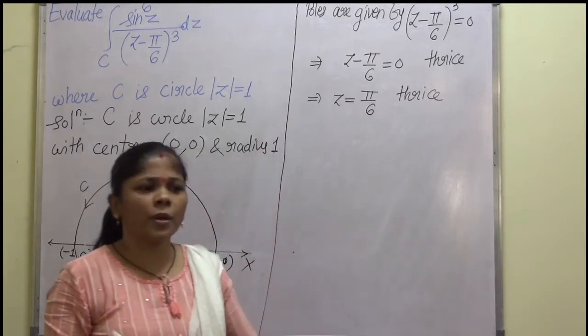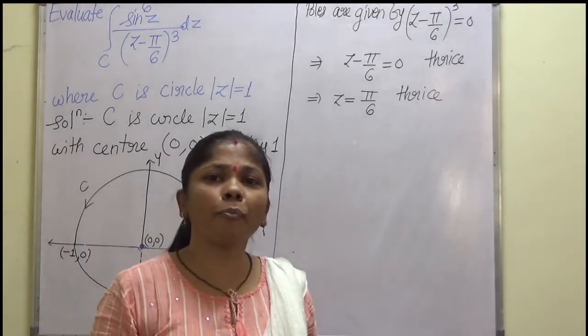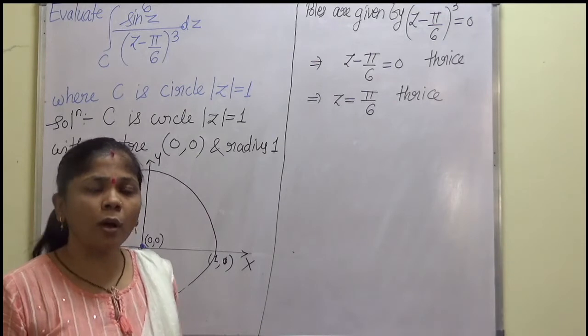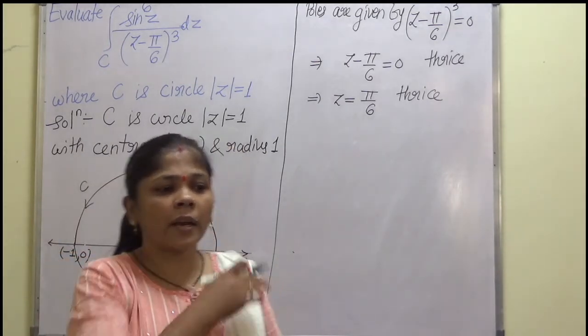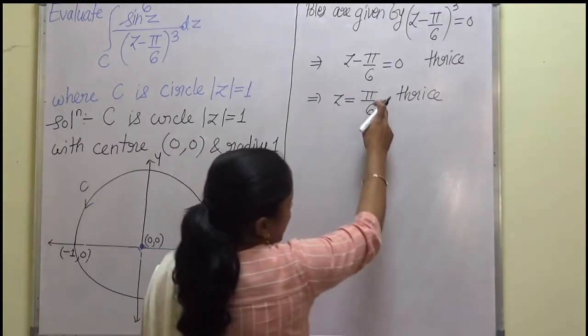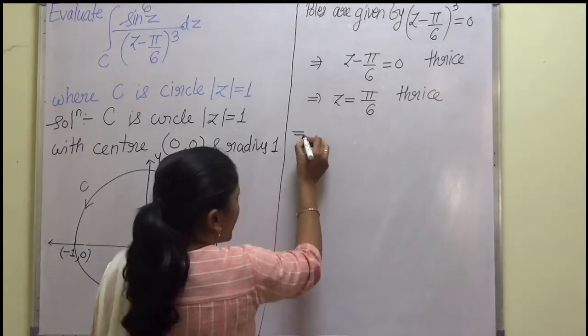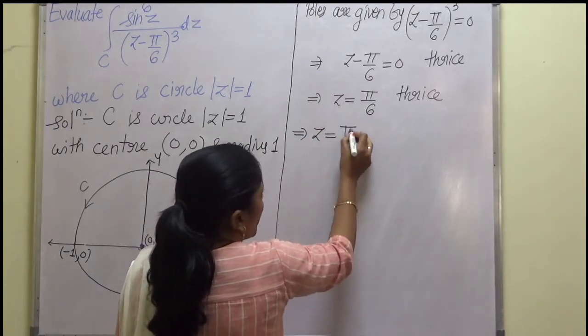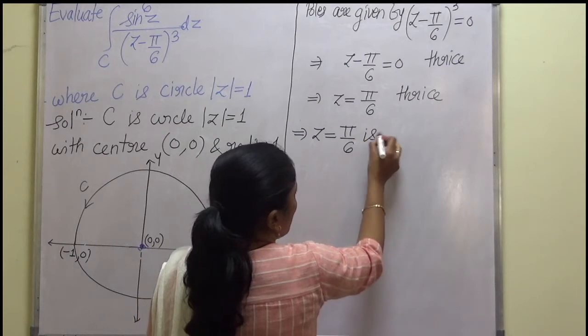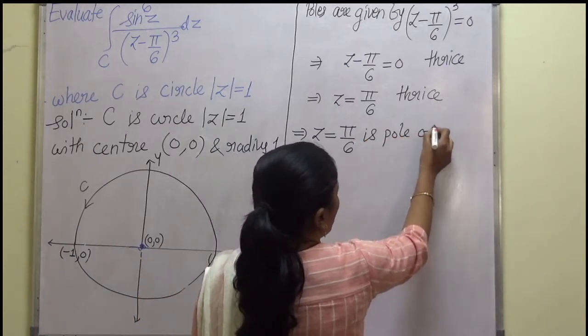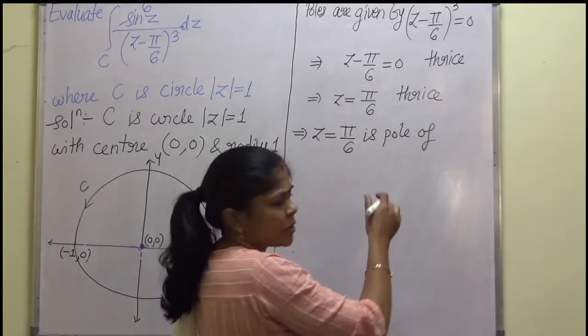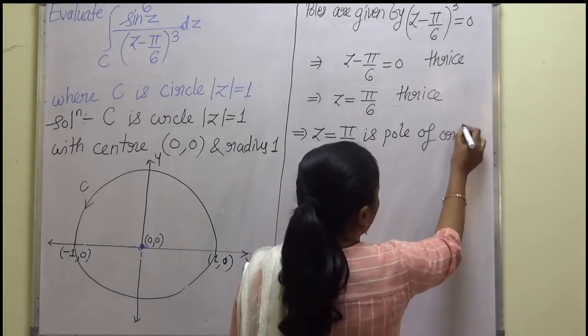What is the next step? To decide the nature of the pole, whether it is a simple pole or a pole of order n. As I am getting this value pi by 6 three times, this implies z equal to pi by 6 is a pole of order 3, since it occurs thrice.